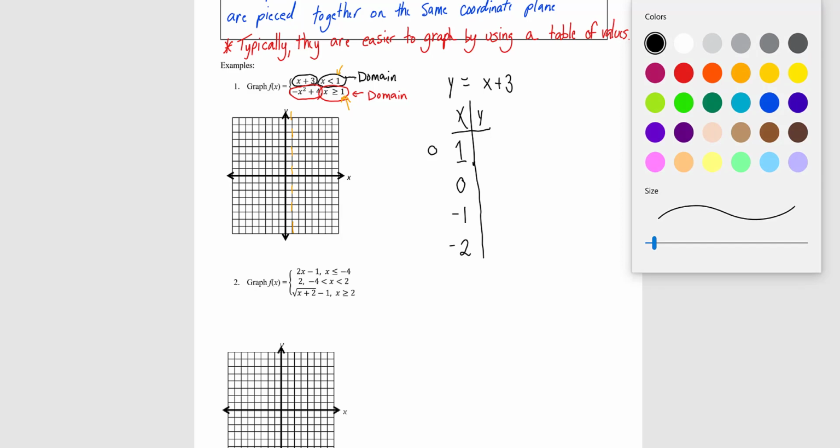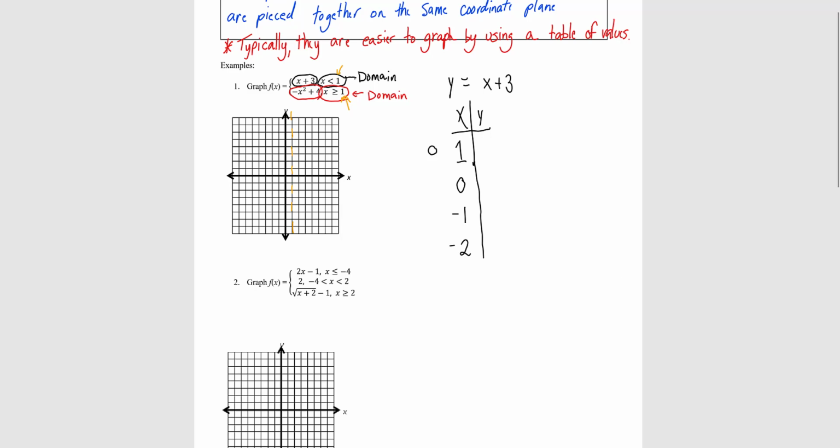All right, so we're going to fill in the T-chart here for y equals x plus 3. We are just adding 3 to each one of these x values. So that's 4, 3, 2, and 1.